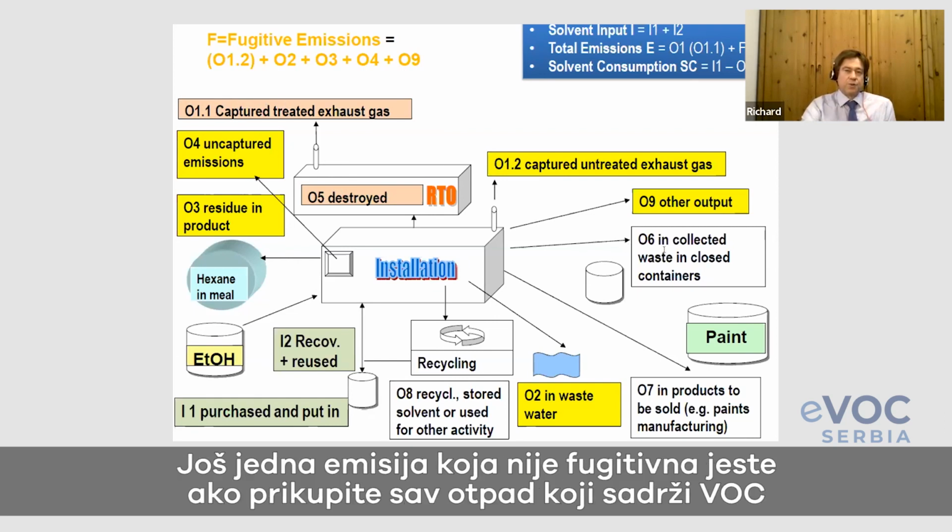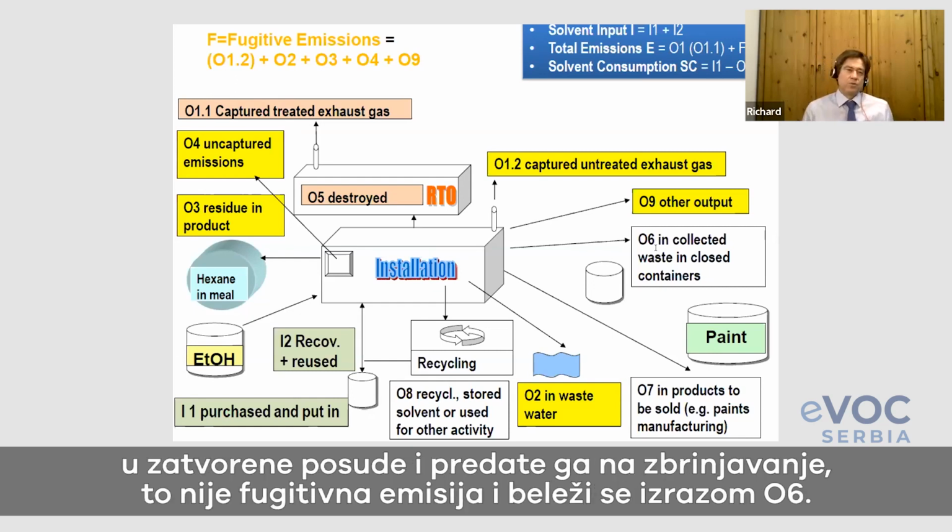Not fugitive too is if you collect all the VOC containing waste in closed containers and you submit it to a disposer, then yes, this is not fugitive and it's under the term O6.